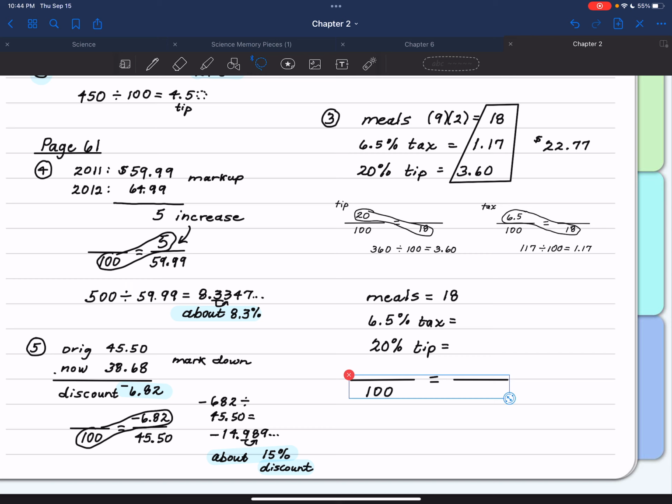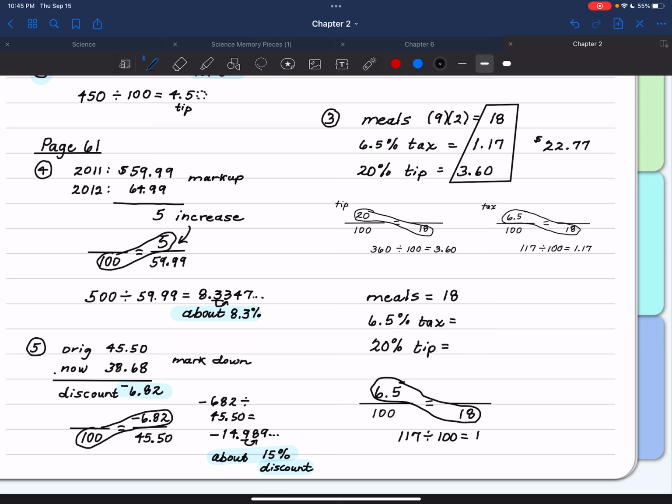So the waitress brings me a bill to the table, and it has the tax already added. So it's 6.5% on the $18. That's going to be the same as what we just found. We found that it was $1.17. We divided that by $1, and that is $1.17. So the tax, no problem.